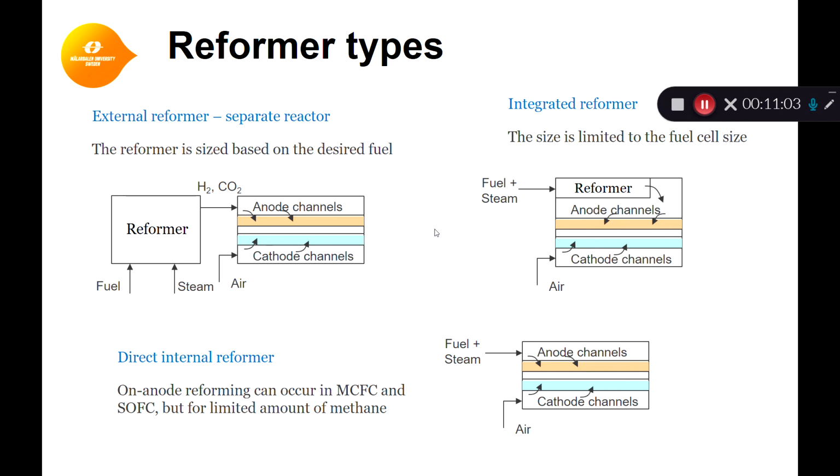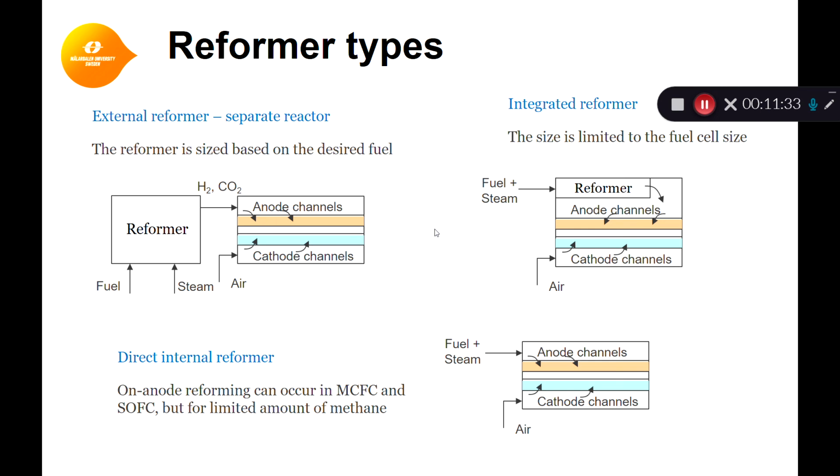This reaction can happen either outside the fuel cell in a separated reactor, and here we talk about external reformer, or the reformer can be integrated in the stack and take advantage of the heat produced by the fuel cell to sustain the reforming reaction, or in high temperature fuel cell, the reforming reaction can happen directly on the anode, as I just said, because of the high temperature and the presence of steam.